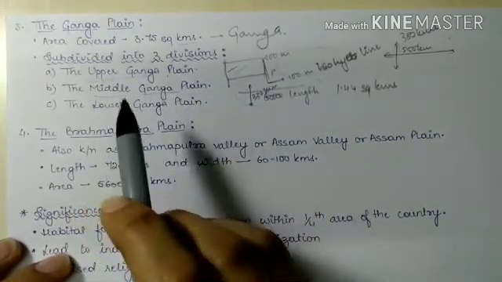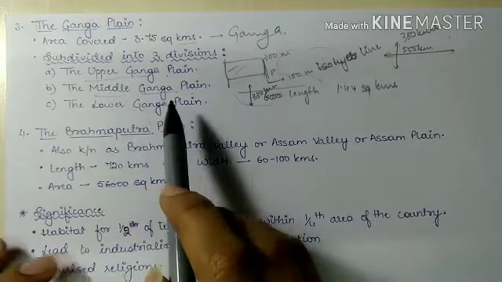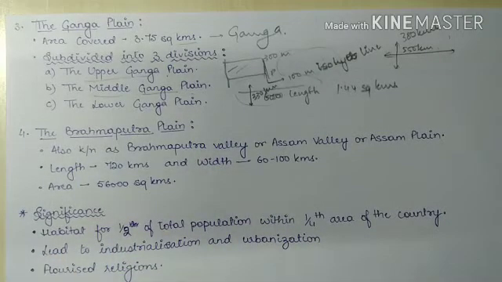Now, lastly, we have the Lower Ganga Plain. It includes the Kishanganj Tehsil of Bihar and the whole of West Bengal, excluding the mountainous part of Darjeeling district and the Purulia district of West Bengal.